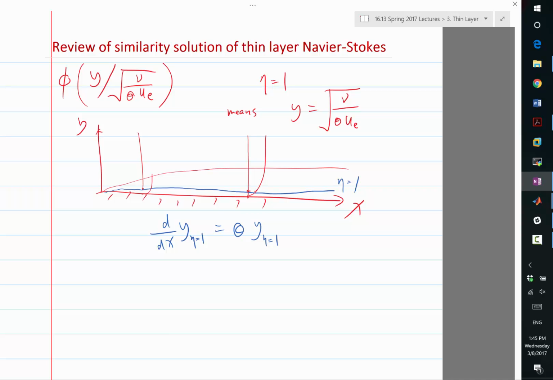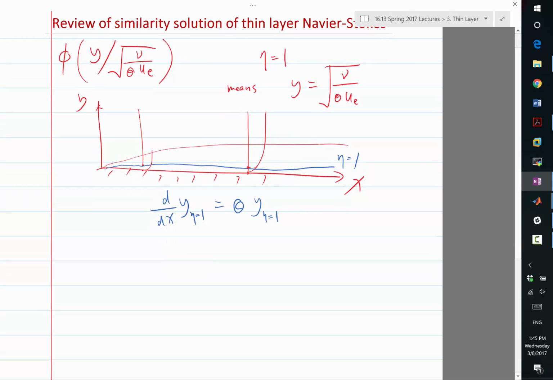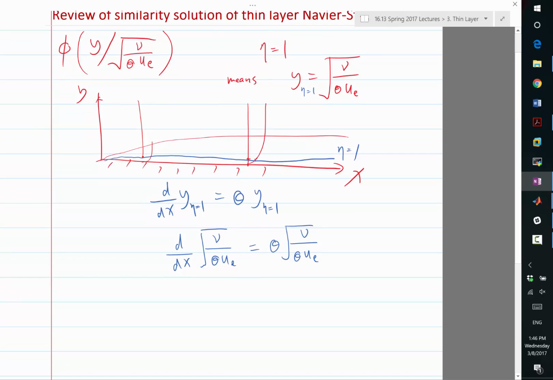This is how the y direction scales. And we know that if we plug in here, y at eta equal to 1 is actually equal to that. So we know that d/dx of the square root of nu over theta ue is equal to theta of nu over theta ue. All right. Make sense?